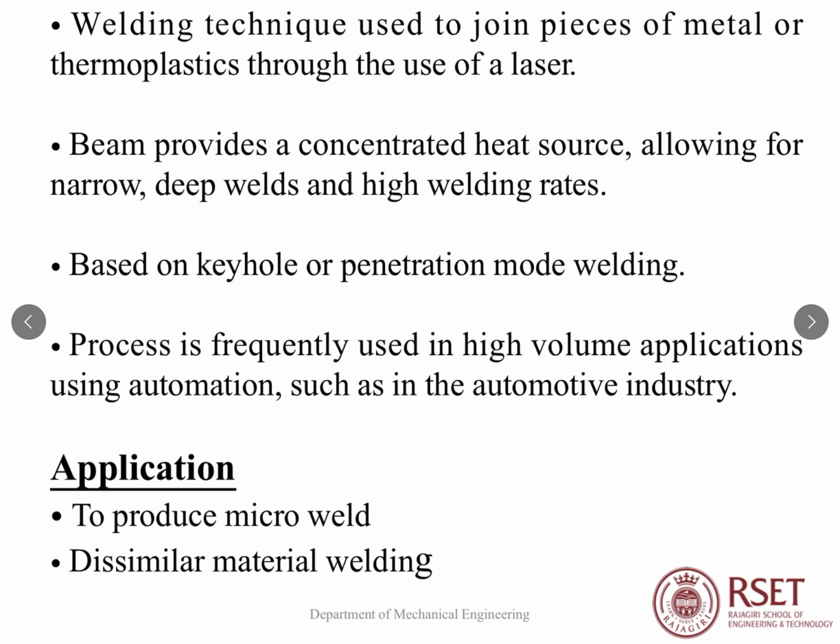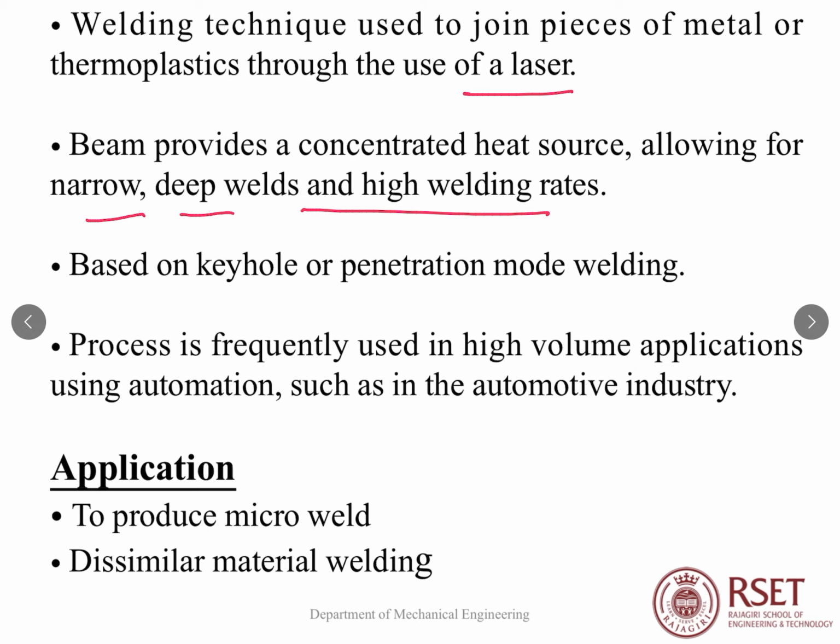Here, it is a welding technique used to join pieces of metal or thermoplastics through the use of a laser. Here, the laser is the heat source. The beam provides a concentrated heat source, allowing for narrow, deep welds and a high welding rate, based on keyhole or penetration mode welding.